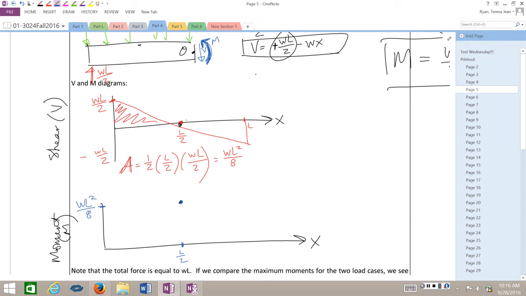If there's nothing there, and it's a free end, there can't be any internal reaction, so it has to go to 0. If it's a fixed beam, that's not true. You do have a moment reaction. So if you have a fixed cantilever end, that's not true for the moment equation, but if you have a freely supported beam, the end will always be 0. So therefore, it looks something like this.